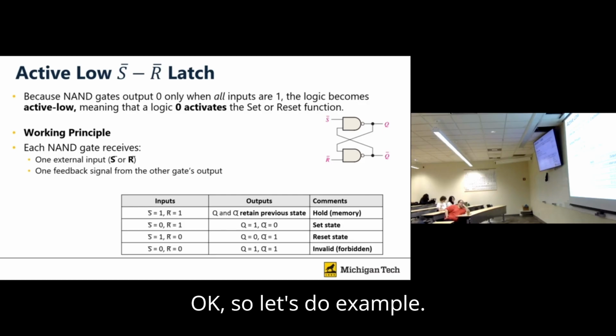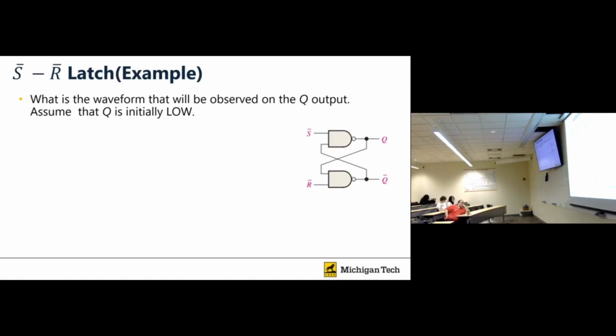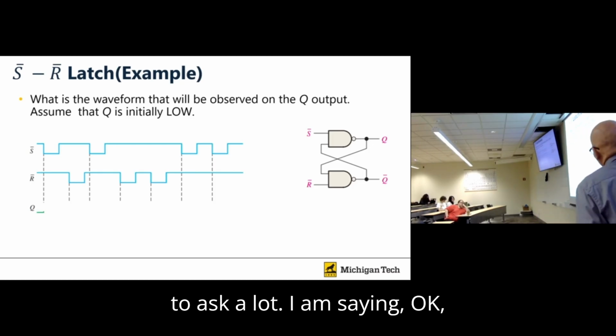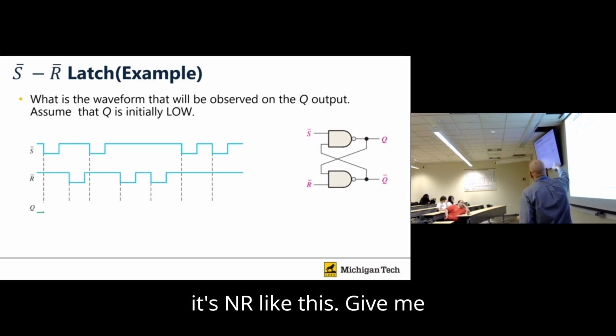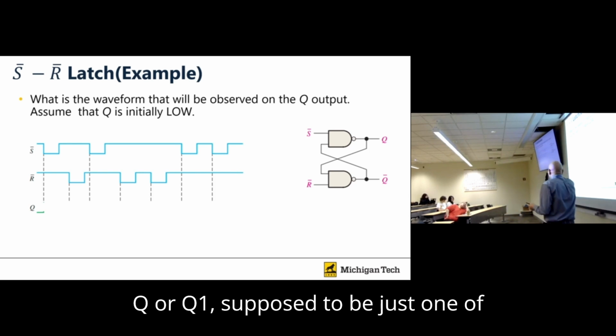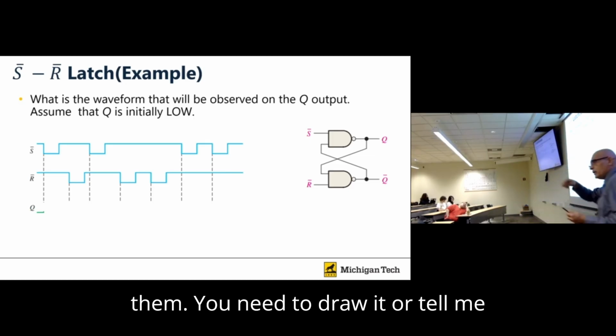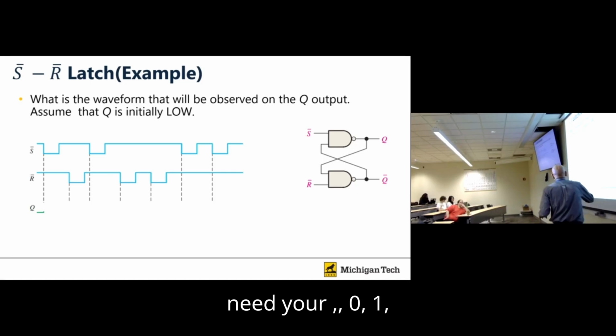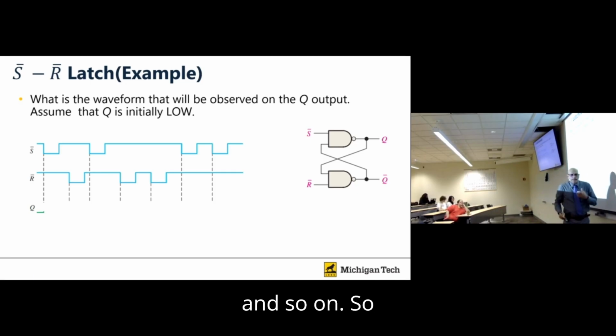Okay, so let's do an example. This is an example similar to this. I'm going to ask a lot of these. I'll say, okay, S and R like this, give me Q or Q bar, mostly just one of them. You need to draw it or tell me the values, for example 0, 1, and so on.